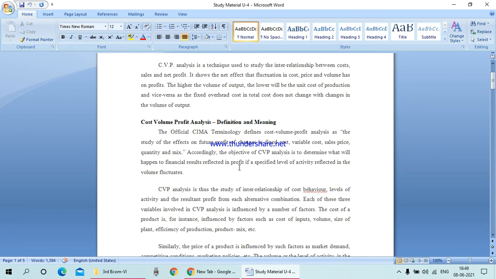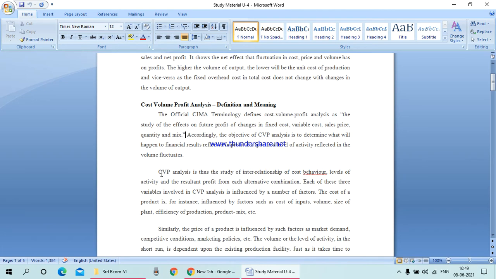Accordingly, the objective of cost volume profit analysis is to determine what will happen to financial results, reflected in profit, if a specified level of activity, reflected in the volume, fluctuates. Cost volume profit analysis is thus the study of interrelationship, cost behavior, levels of activity and the resultant profit from each alternative combination.